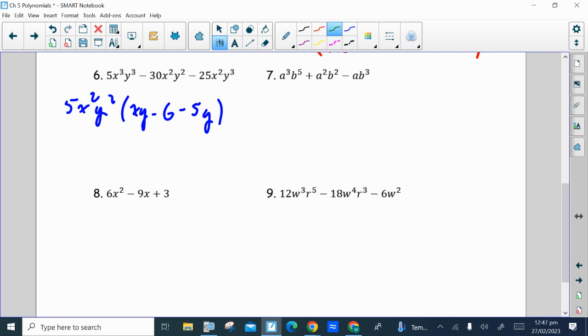All right, question 7. There's no coefficients there, so our common factor, if it exists, will only involve variables. When you look at all 3 terms, they all have at least one a in them. So Brock, what is the common factor involving a?